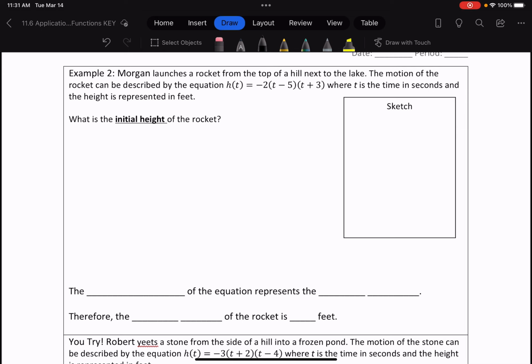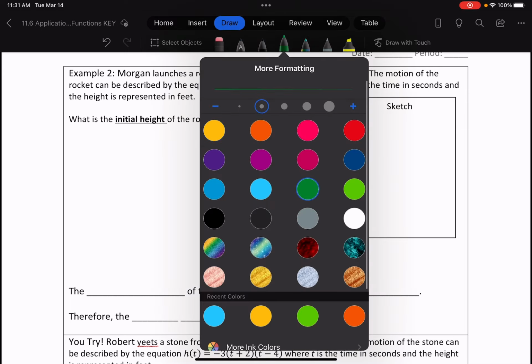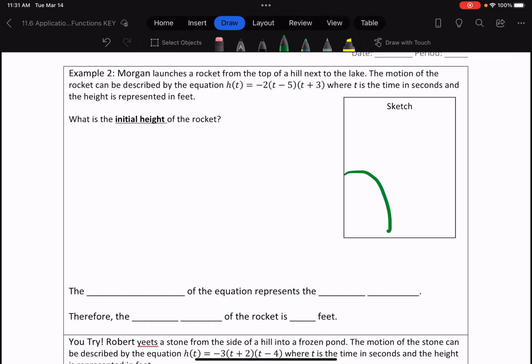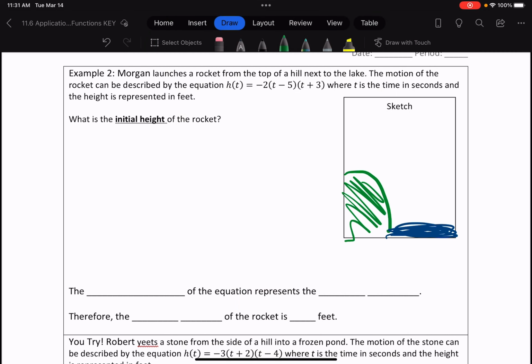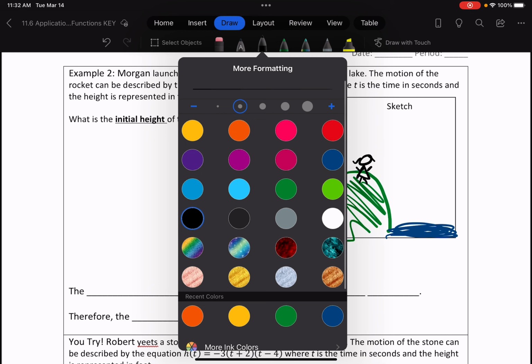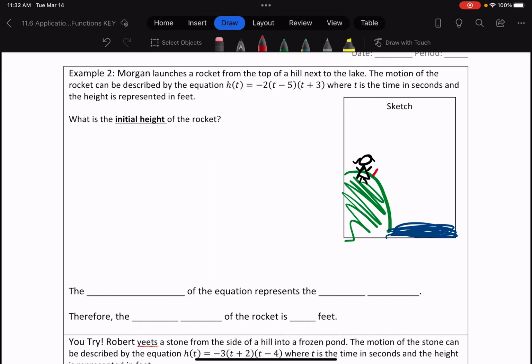So we can go ahead and sketch this. I know she's on a hill next to the lake. So we've got a hill, and we've got a lake here. It can be whichever lake you want. Lake Lanier is kind of gross, but I mean, you do you. Morgan is going to be launching a rocket from the top of this hill, but we don't know how tall this hill is.